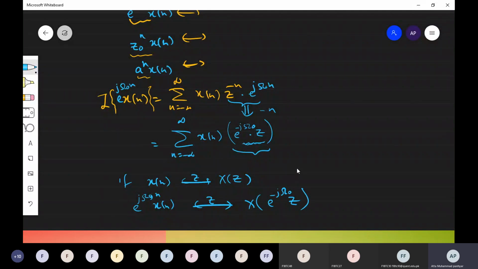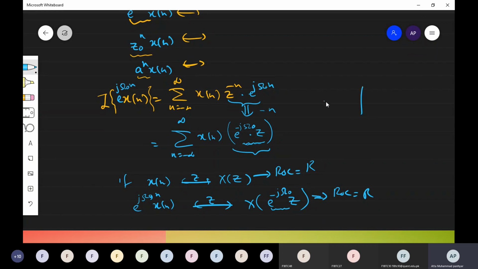And if the region of convergence ROC of the signal is R, then there is no change in ROC, except the ROC is rotated clockwise by omega naught units.